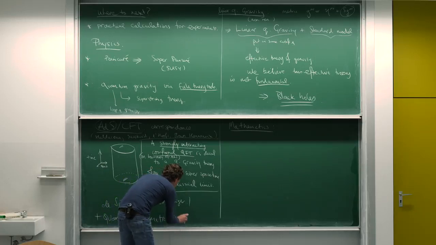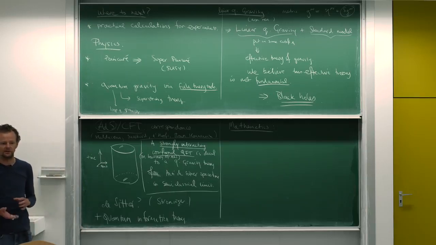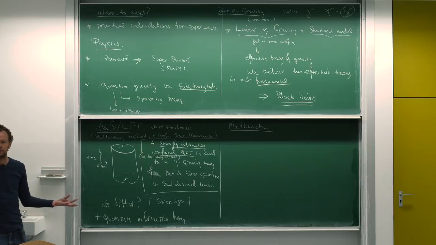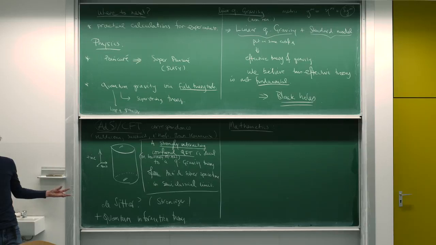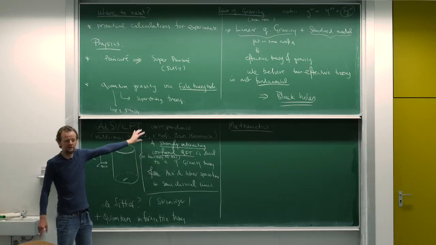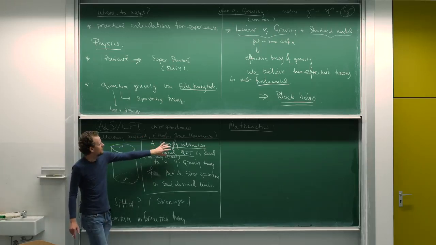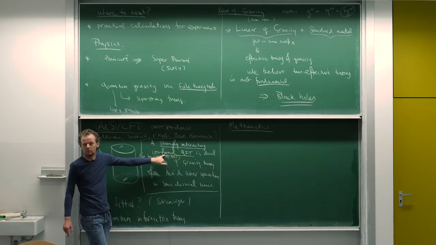Because in the past decade we've learned very much more about the kinematics of quantum mechanics, in particular quantum entanglement: how does quantum entanglement behave, what role does it play in understanding quantum mechanical systems. We've developed many new tools, and these tools have turned out to be very helpful in understanding many mysteries in this AdS/CFT correspondence. So quantum information theory is very helpful when you want to talk about strongly interacting conformal quantum field theory.